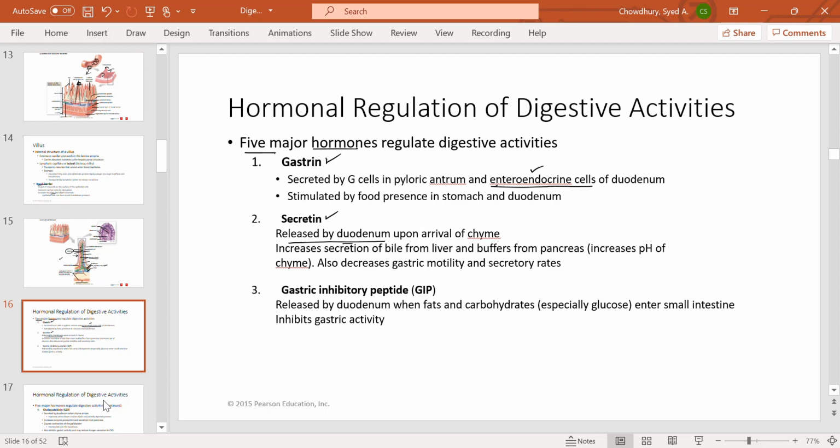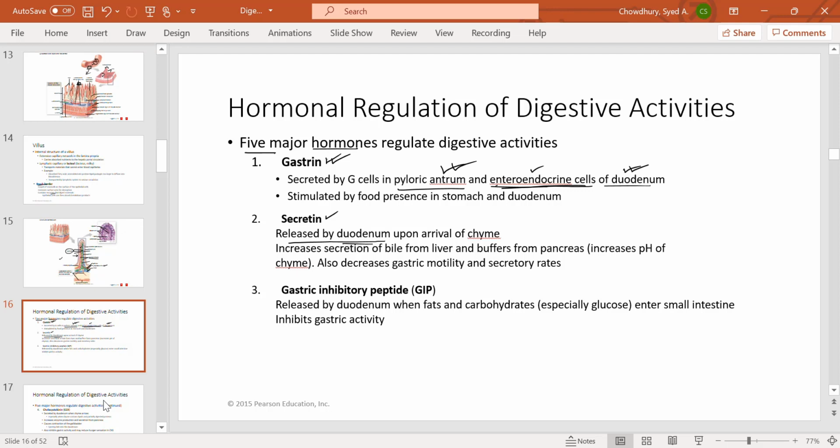That means from the first part of your small intestine. So gastrin is secreted mainly from the pyloric antrum part of the stomach, right? And also gastrin is secreted from the duodenum. So both from the stomach and duodenum, last part of the stomach and the duodenum.